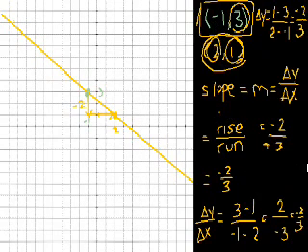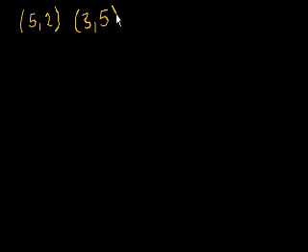And actually, I'm going to do a couple just so you see the algebra without even graphing it first. So let's say I wanted to figure out the slope between the points 5, 2 and 3, 5. Well, let's take this as our starting point.